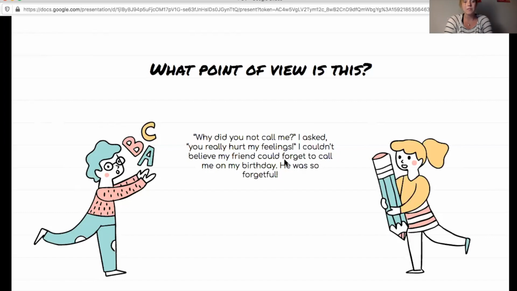Well, in this case, we would look at who the narrator was. So, does this say you asked? No. Does it say he asked? No. What does it say? Oh, it says I asked.